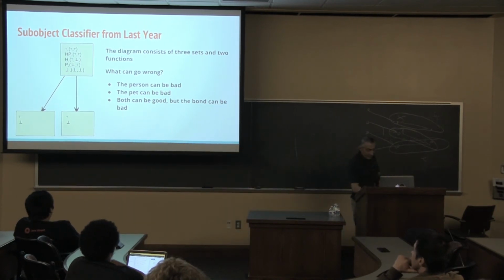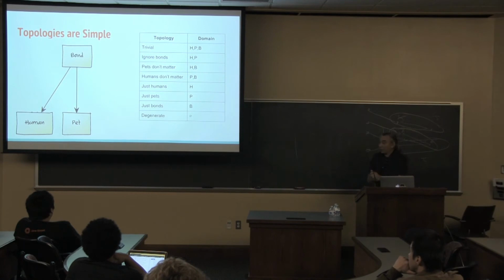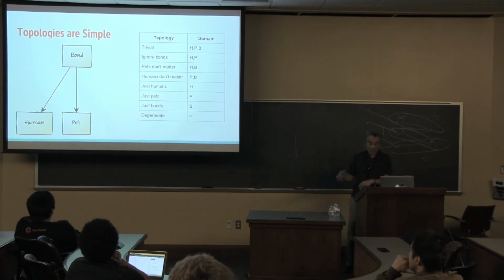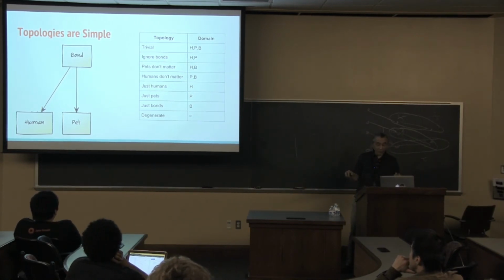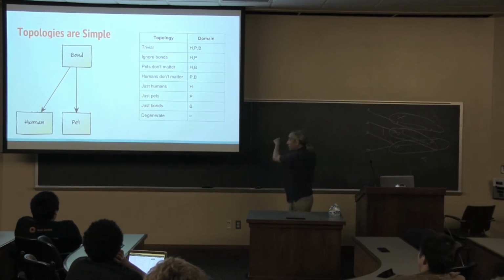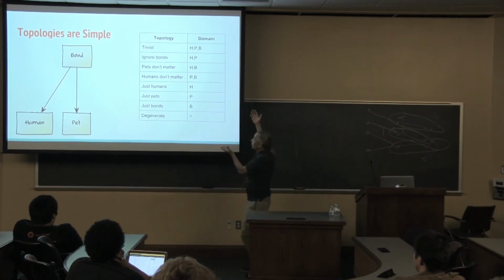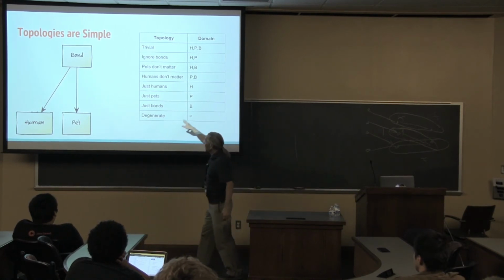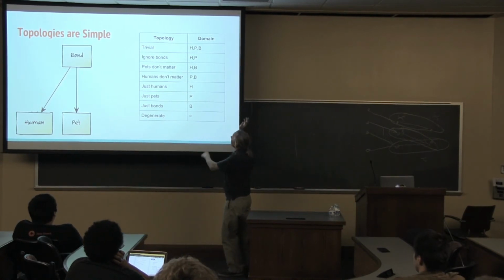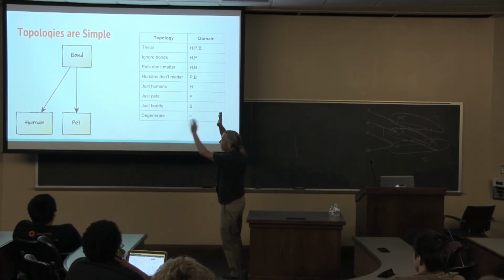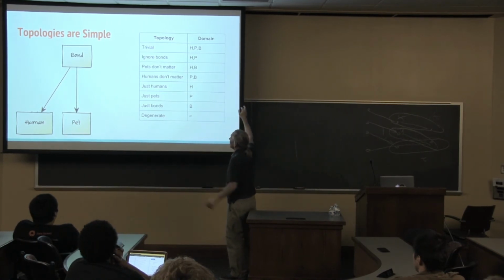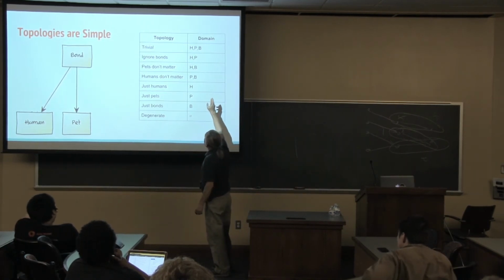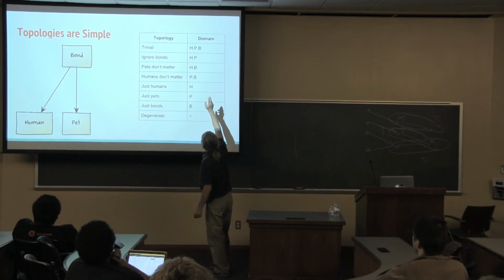So for this diagram, what topologies can we have? We'll have the same set of 8 topologies because it's a partial order. So here's what we have: degenerate, we don't care. Trivial, we care about everything, humans, pets, bonds. We care about bonds, right?